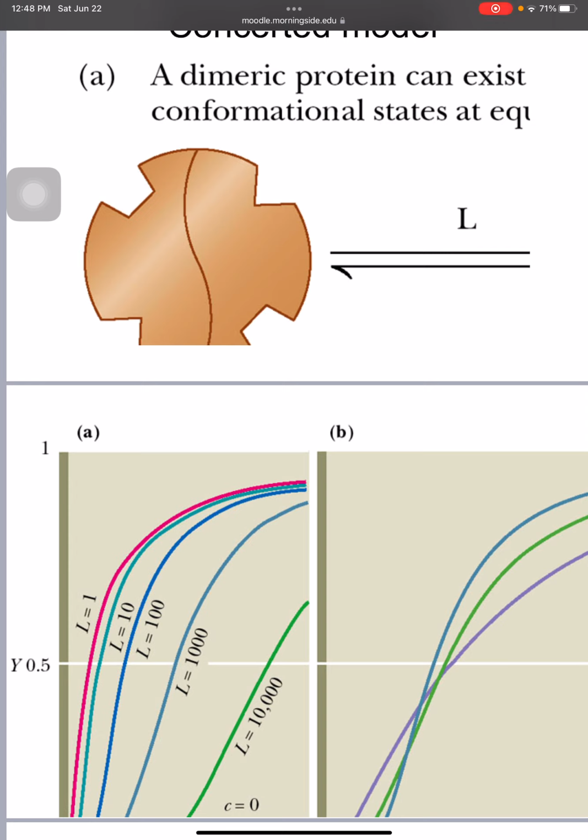Once you've converted a lot of that T form to R form, then it almost resembles a Michaelis-Menten curve. So the net summary there: as L increases, you see more cooperative effects, and the curve is more sigmoidal.